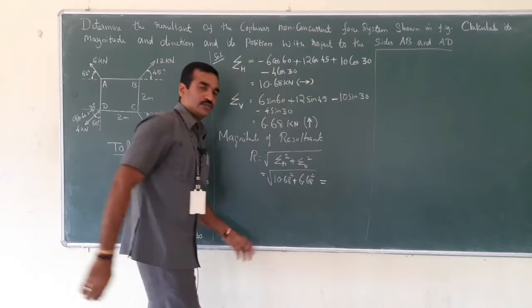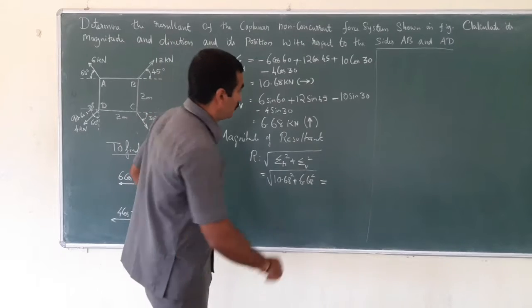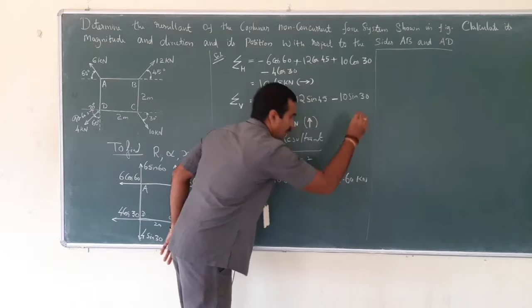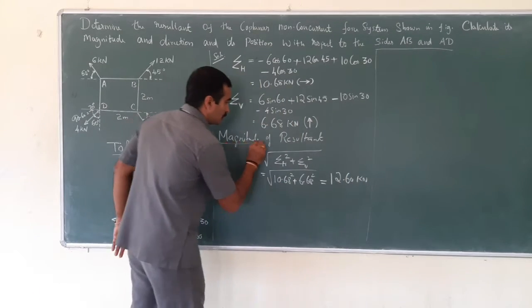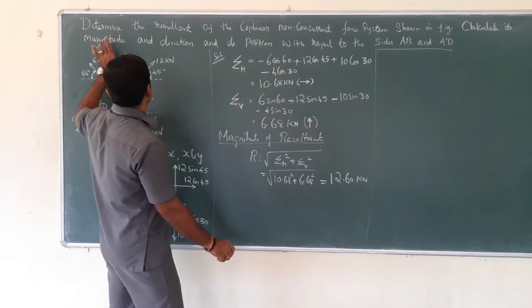If you feed these values into your calculator, you will get the R value as 12.60 kilonewton. That is the resultant. So I have found the magnitude of the resultant, the first one.